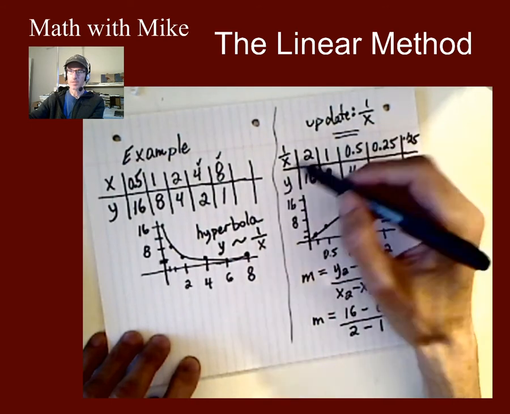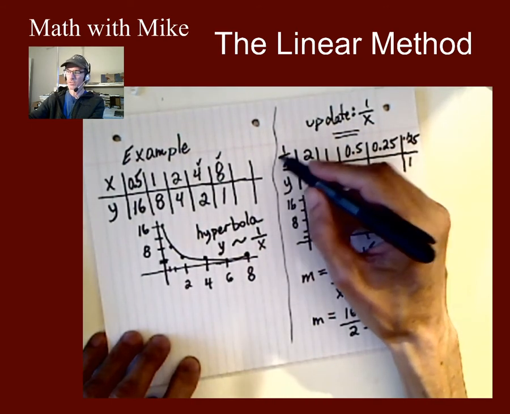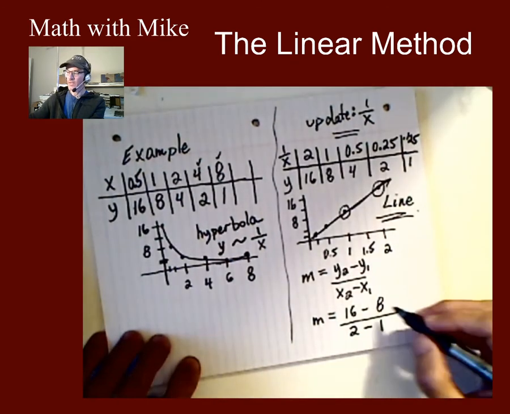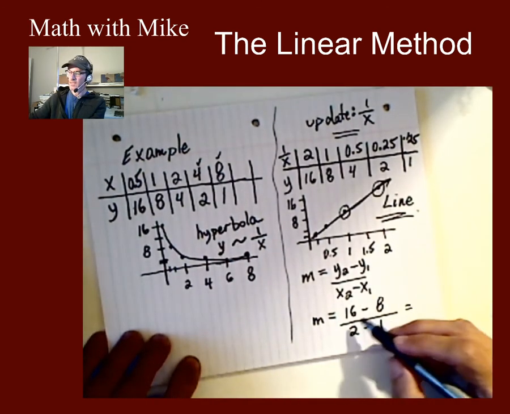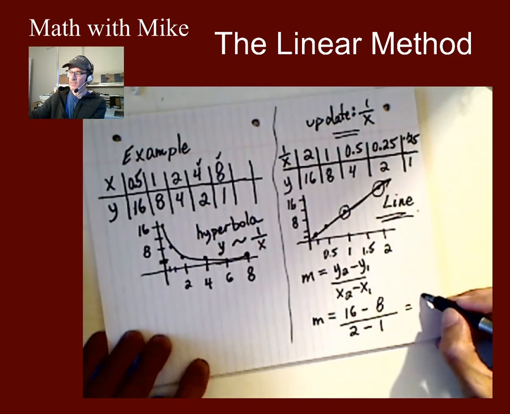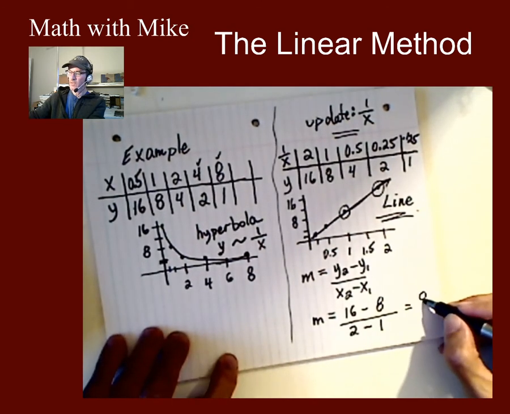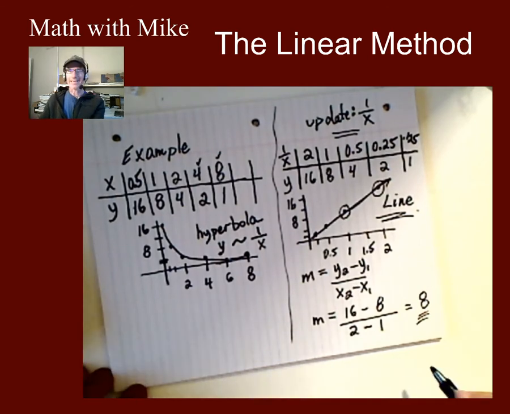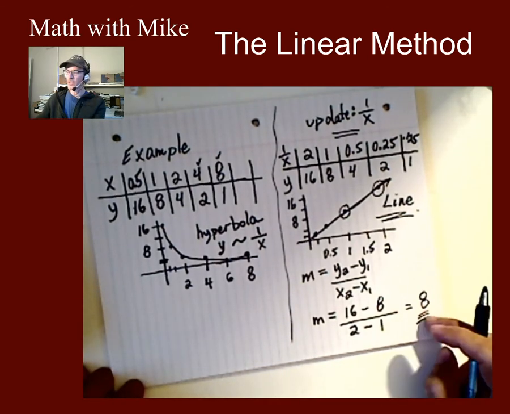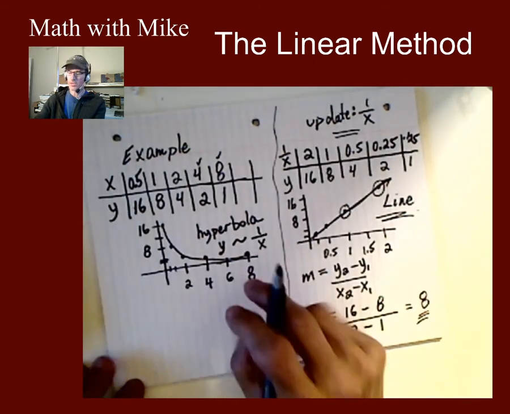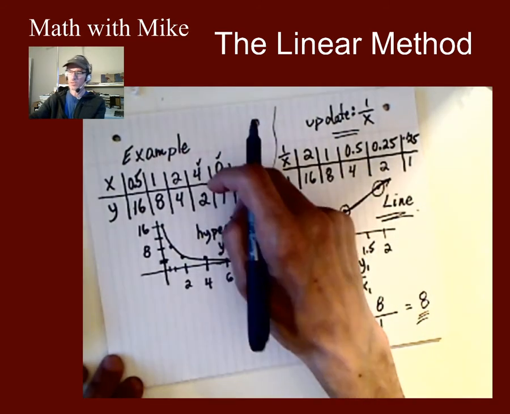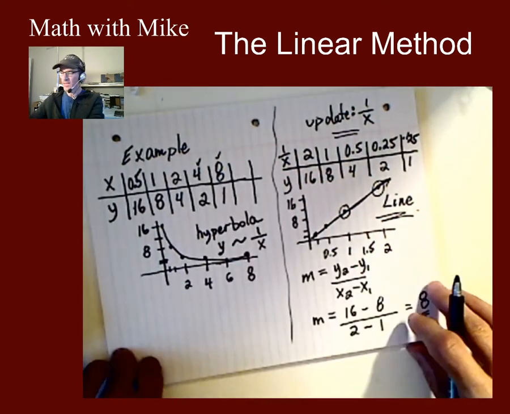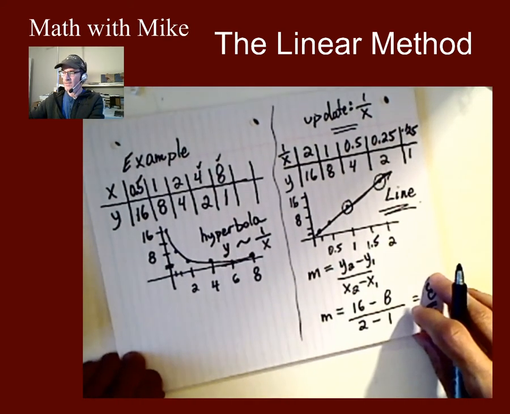I call it updated, but new x might be nice too if you want to write that in there. What do we get? We get 16 minus 8, 8. 2 minus 1, 1. We get that the slope is going to equal 8. The magic number that makes the particular connection between these particular sets of data here, or this full set of data, however you want to look at it.